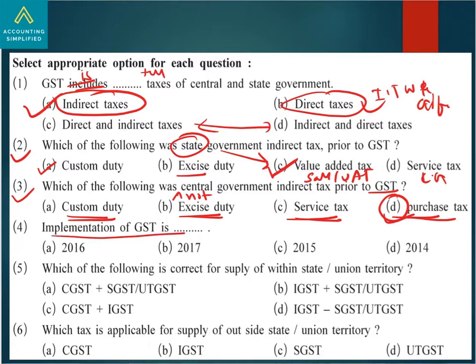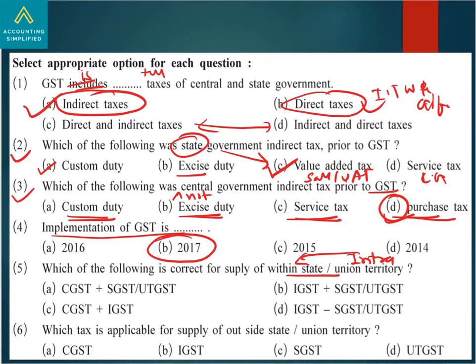Implementation of GST was in the year 2017. Now this is supply within state and between states, right? If it is written intra-state, it is nothing but within the state. Which of the following is correct for supply within a state or union territory?